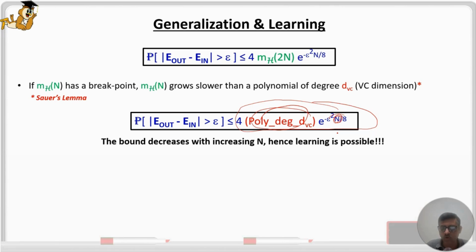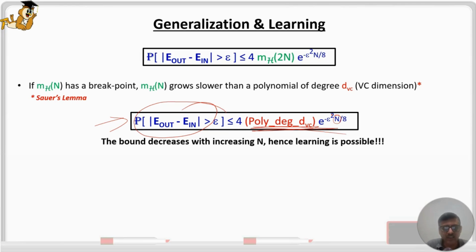So this is a very useful result. This is essentially what we always needed. This is what we set out to find, and we have arrived at this conclusion that the probability of a bad event happening over the hypothesis set is upper bounded by a quantity which can become arbitrarily small as n increases.